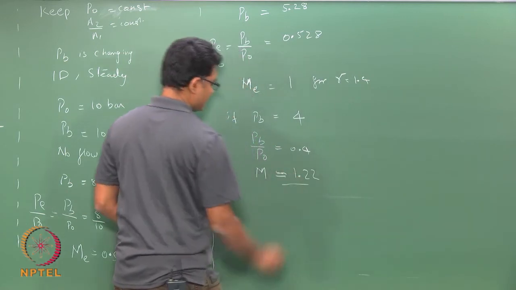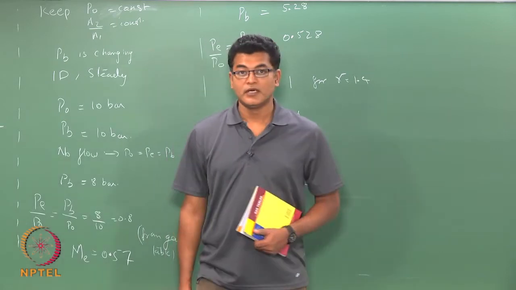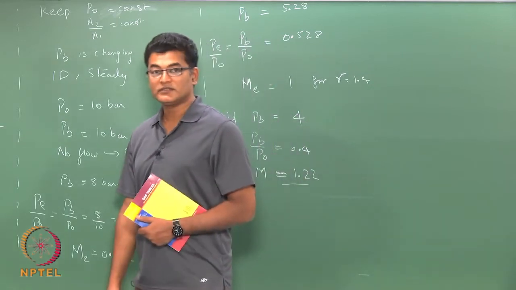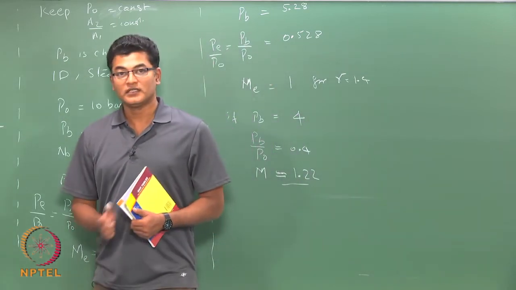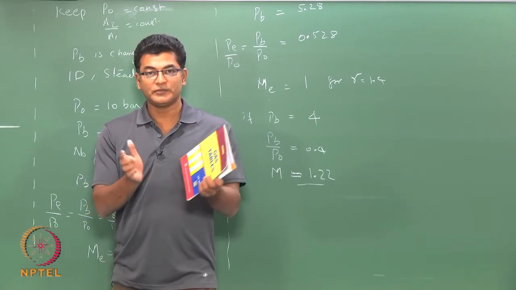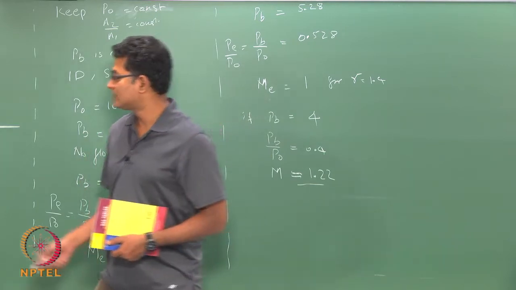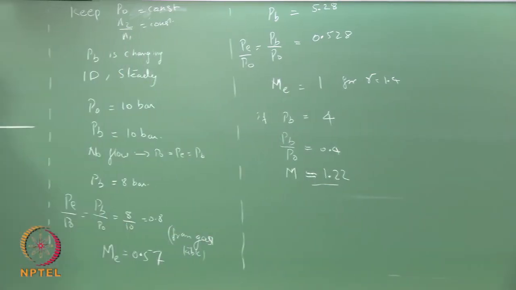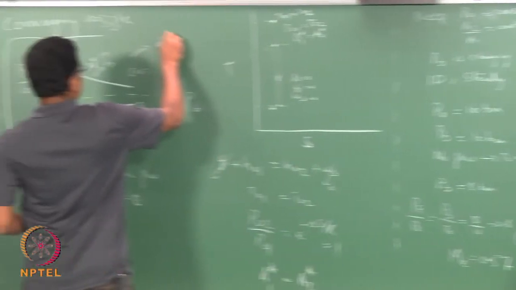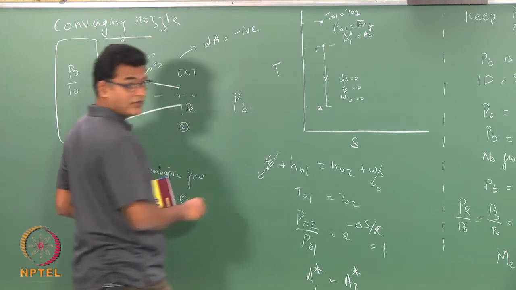But the problem here is, we had seen in previous lectures, to have a supersonic flow, the area should be increasing, dA should be positive, which is not happening here. Here dA is always negative.